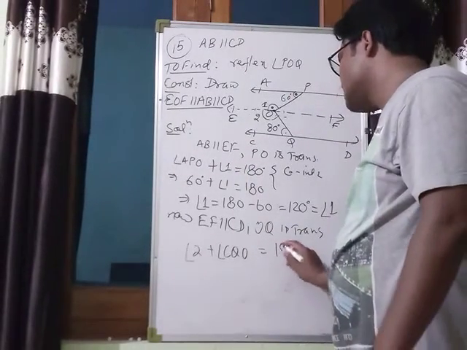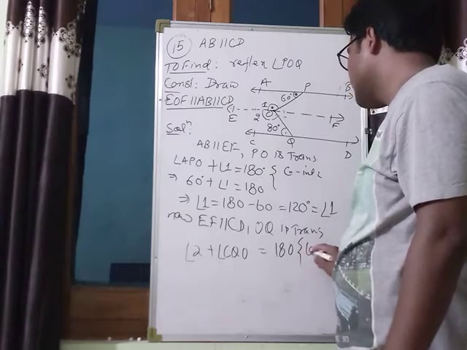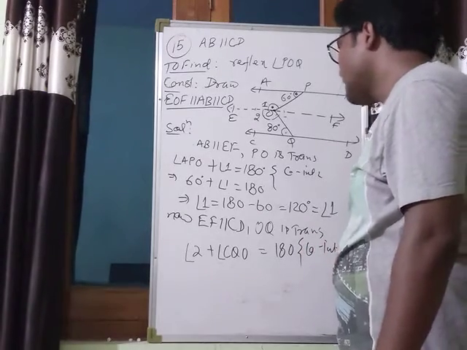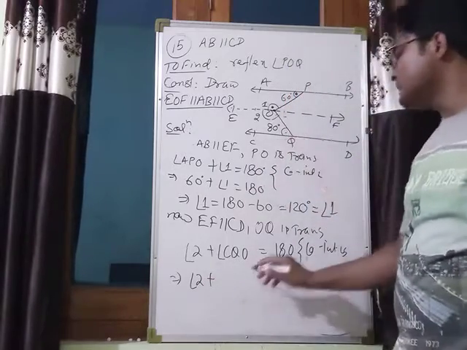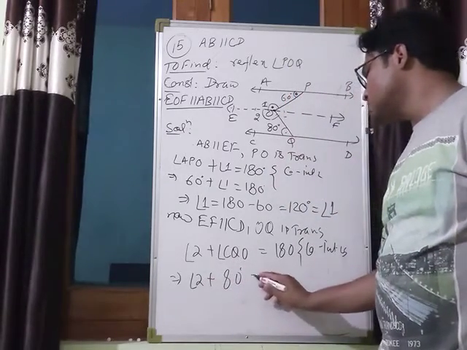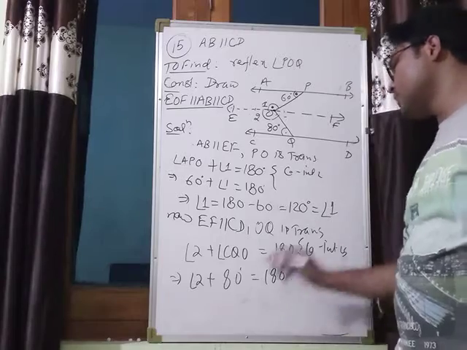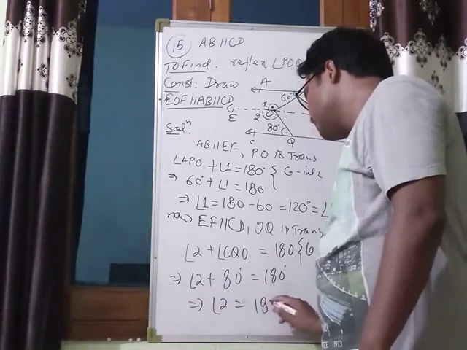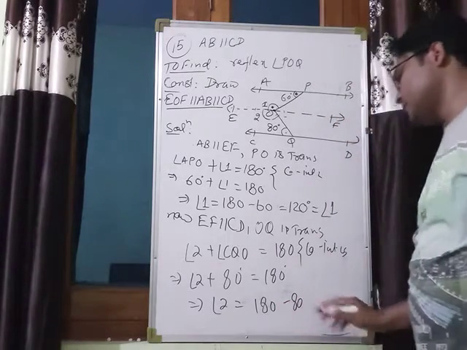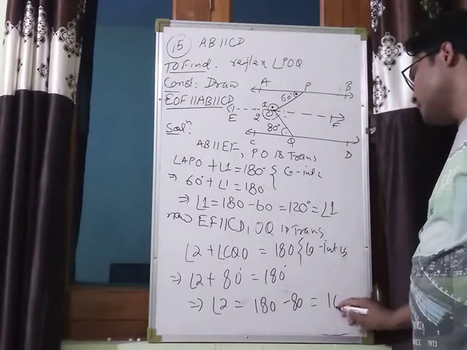That's why their sum will be equal to 180. So that is angle 2 plus, and CQO is 80 degrees. Okay, so their sum will be 180. So from here angle 2 is equal to 180 minus 80, that is 100 degrees.